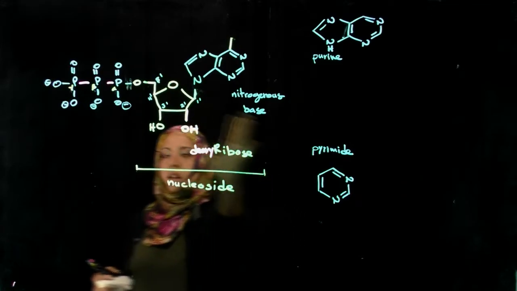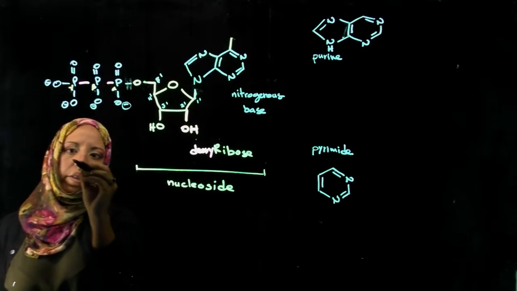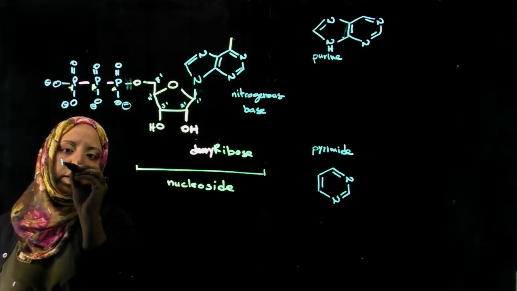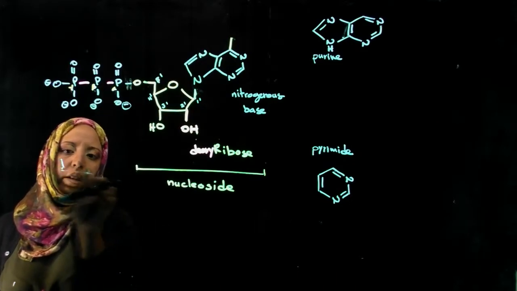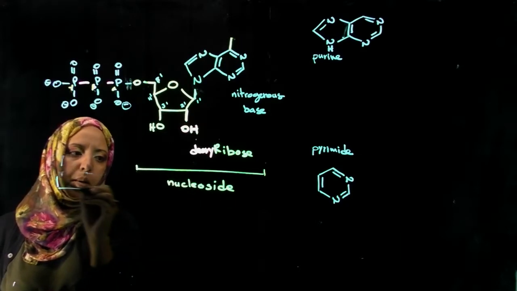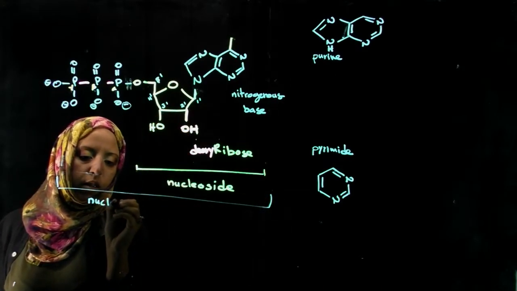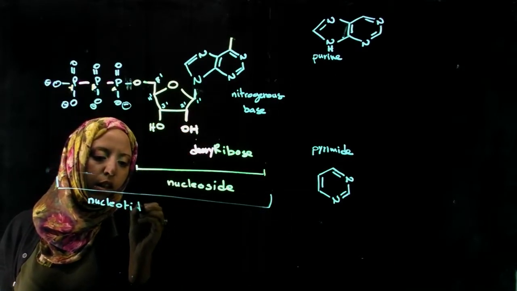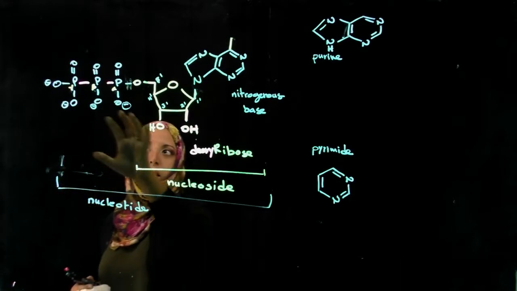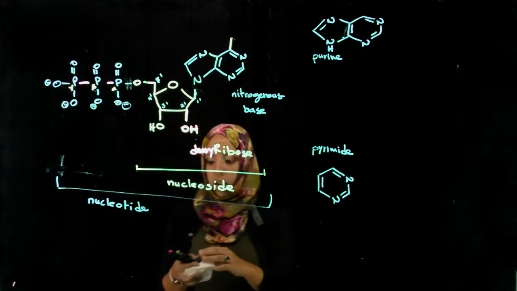In the presence of the phosphate groups, if we consider the entire thing, then we call those nucleotides. So nucleotides and nucleosides differ by whether they have the phosphate group or not. That is known as a nucleotide. It could be a nucleotide triphosphate, monophosphate, or diphosphate.